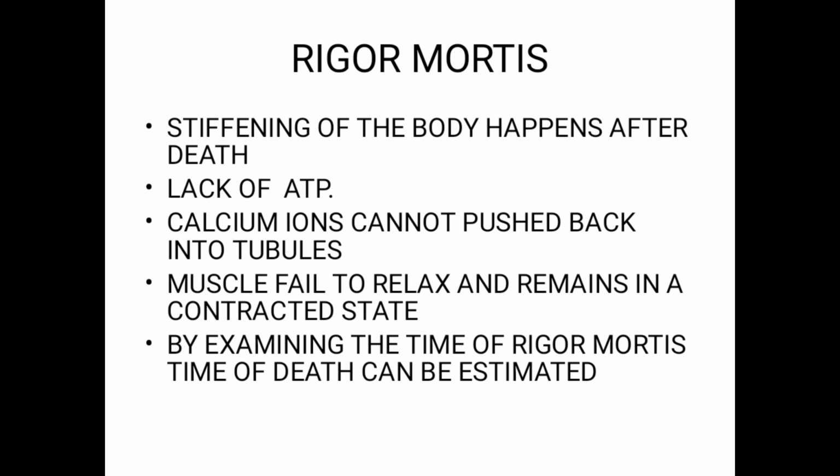Sudden death, what will happen? The muscles will fail to relax. Okay, muscles fail to relax, so the body becomes very stiff. Lack of ATP, so the calcium cannot be pushed back. So the muscle fails to relax and remains in a contracted state. That is very important: by examining the rigor mortis, the time of death can be estimated. Rigor mortis is a condition where stiffening of the body takes place because of lack of ATP.